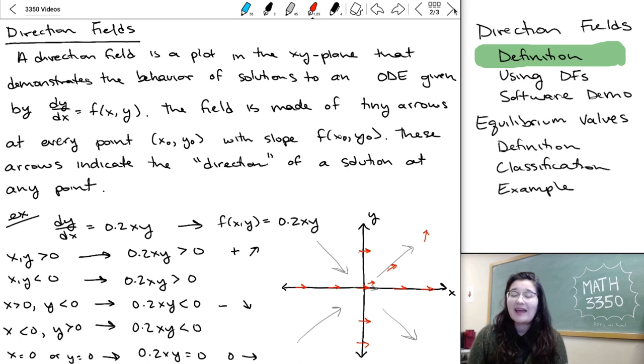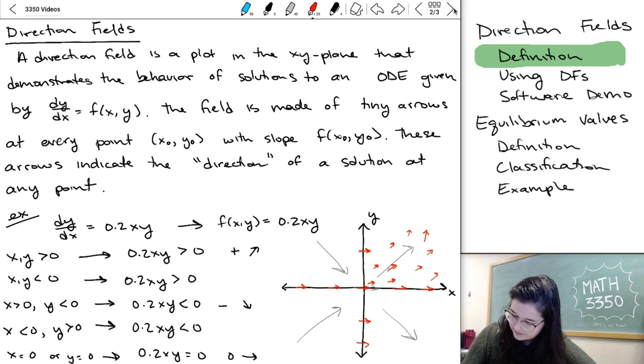And if you imagine I care about the solution everywhere, for every x0, y0, I would fill in a bunch of tiny arrows. And I'm going to do that a little bit sloppily, just to give you the overall idea of what that would look like. So just roughly, I'm trying to make arrows that point more steeply the further they get from the origin. And then the same thing is going to happen for positive slopes in this quadrant down here.